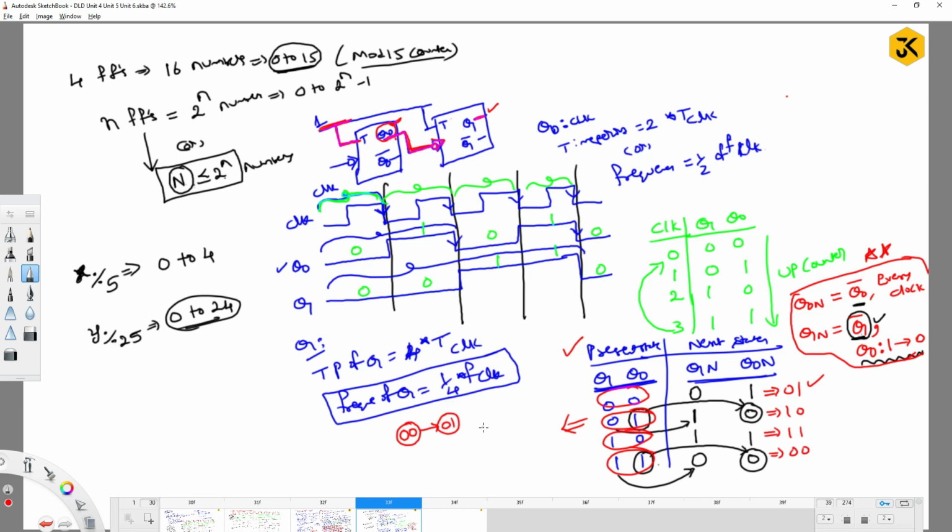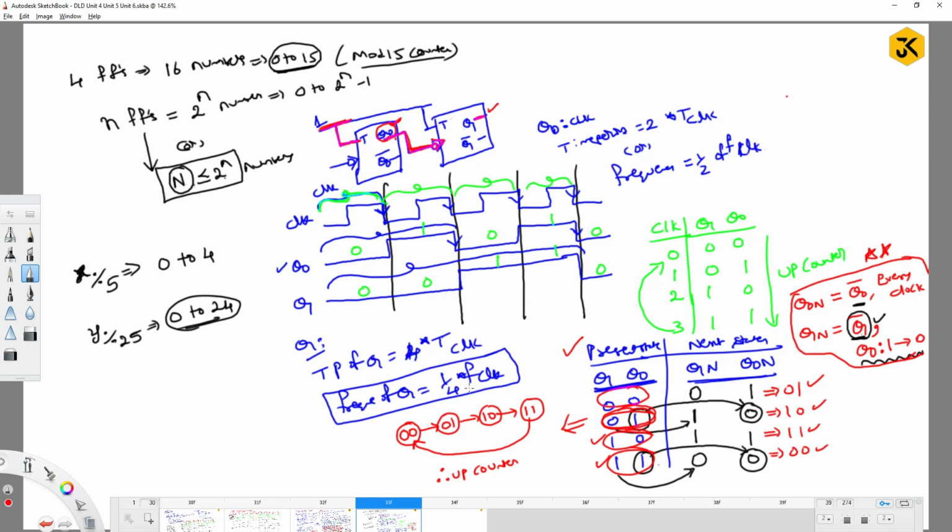When I give 0, 1 as a present state, the next state is 1, 0. When I consider 1, 0 as a present state, the next state is 1, 1. When I consider 1, 1 as a present state, the next state is 0, 0, right? So this is what we call an up counter using T flip-flop. I hope you understood clearly, right?